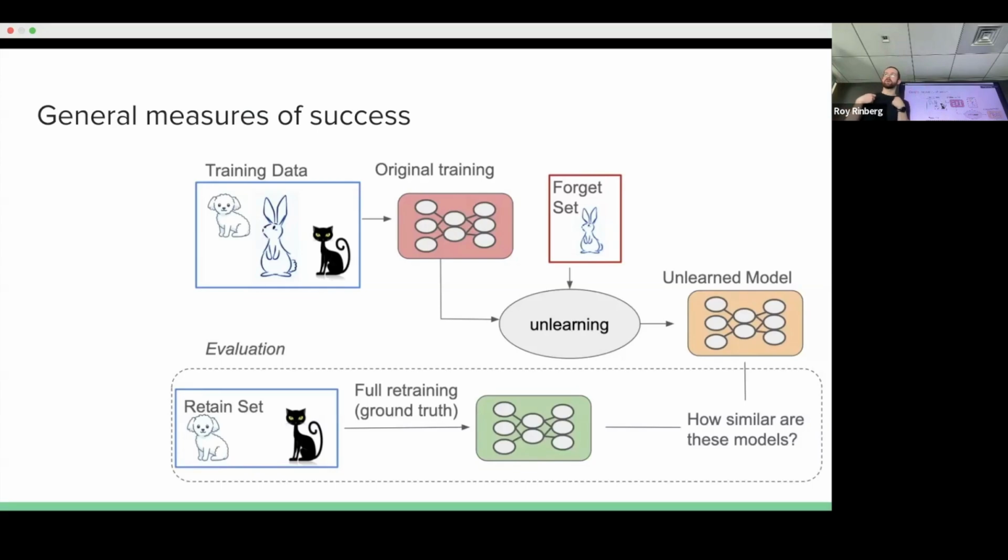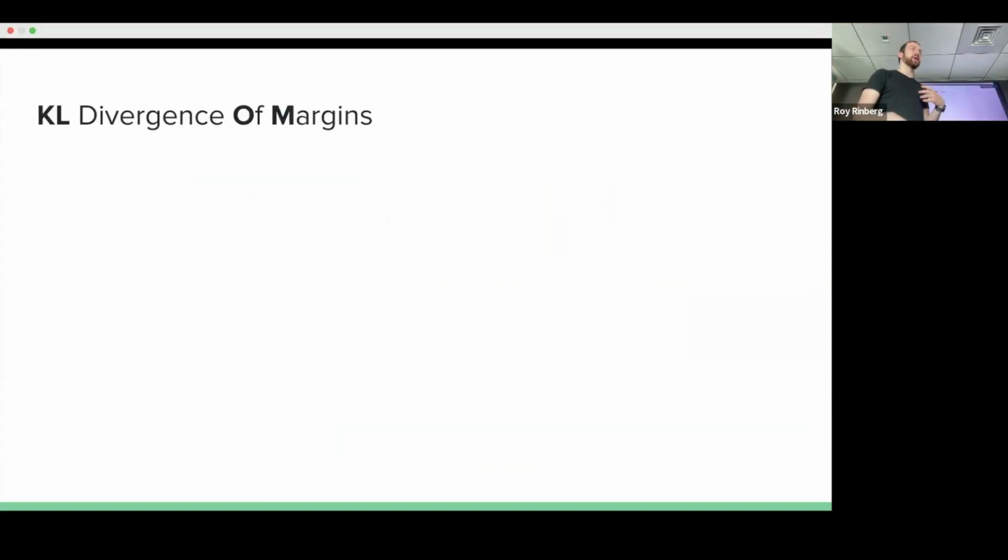So what we're going to do is ask for statistical similarity in output space. I'm going to walk you through our proposed measure, and it's going to be very similar to existing measures. But right now, this is kind of the Wild West. There's a bunch of proposals for how you want to evaluate.